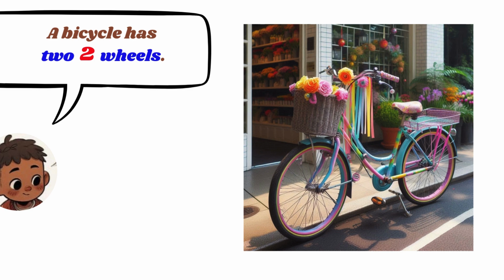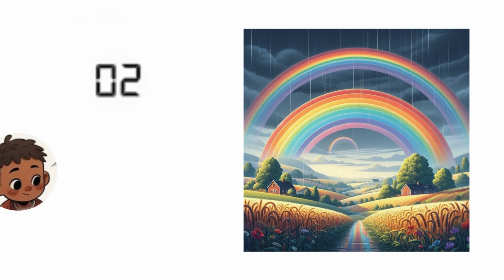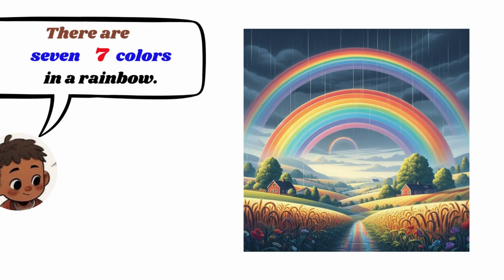A bicycle has 2 wheels. How many colors are there in a rainbow? There are 7 colors in a rainbow.